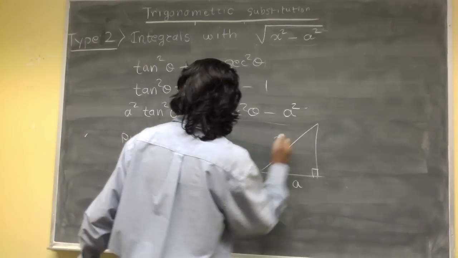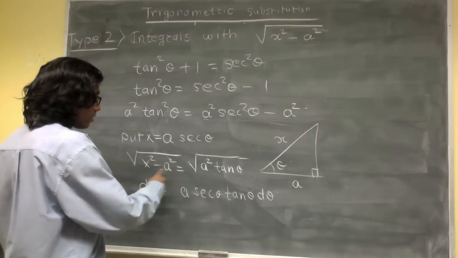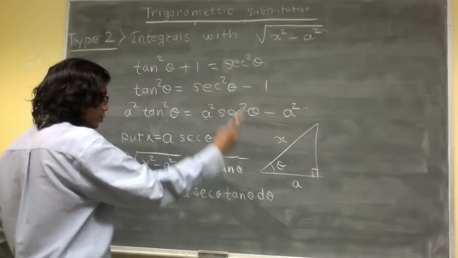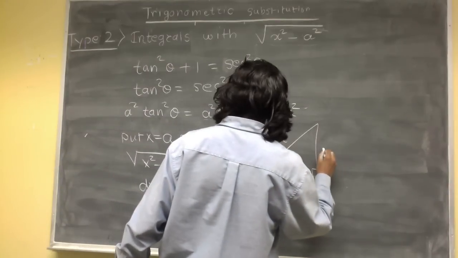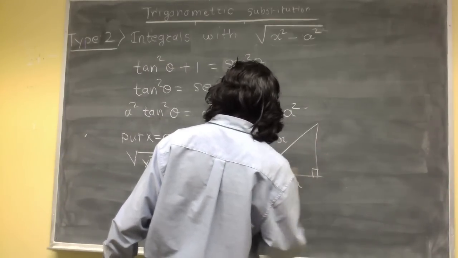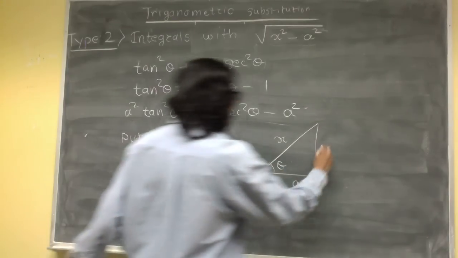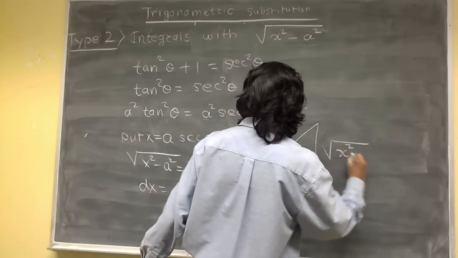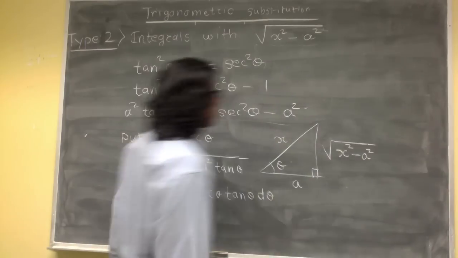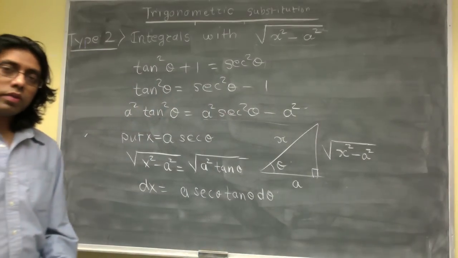And the other side, which is square root of x squared minus a squared, becomes a times tan of theta. So this is the other side, square root of x squared minus a squared. Okay, so this is the motivation about these problems.